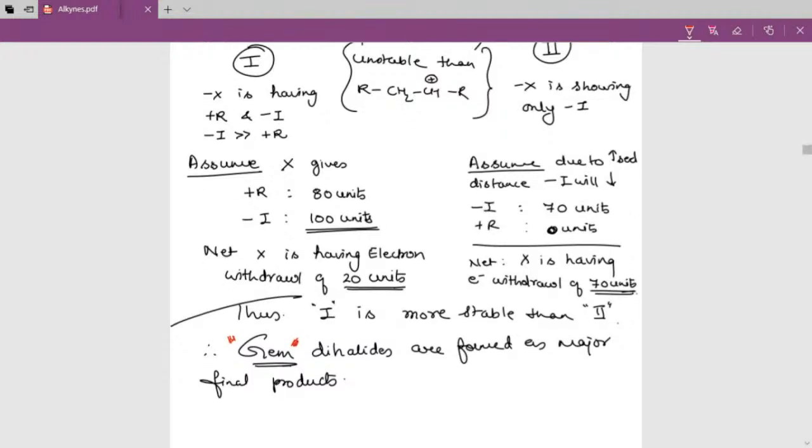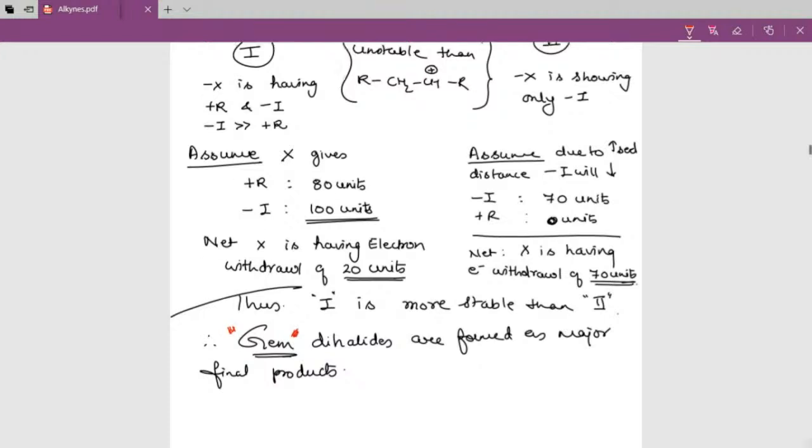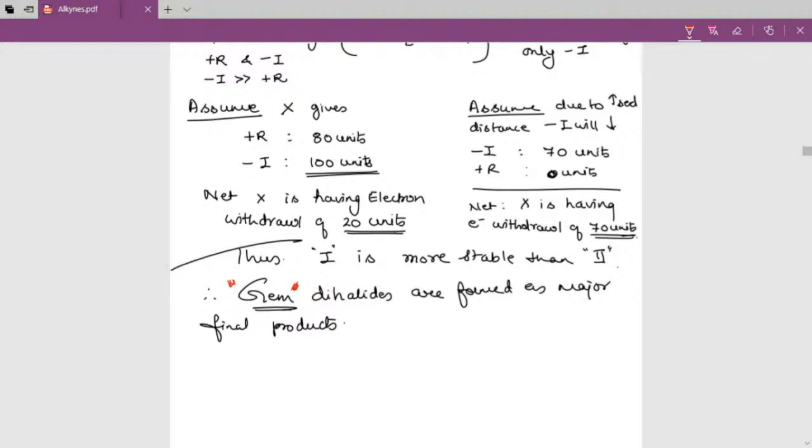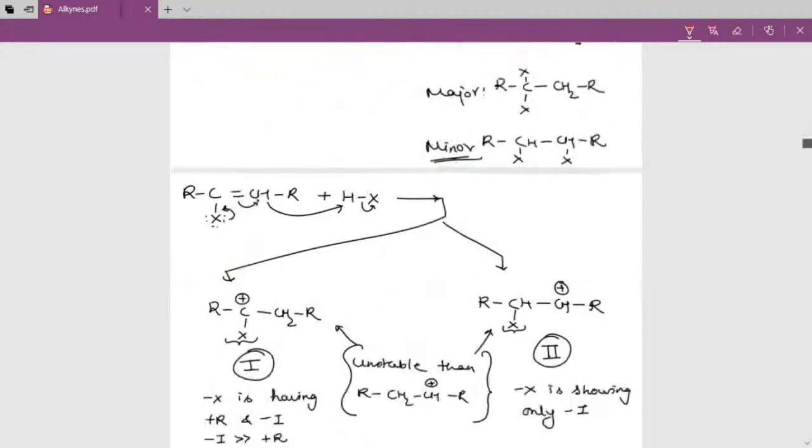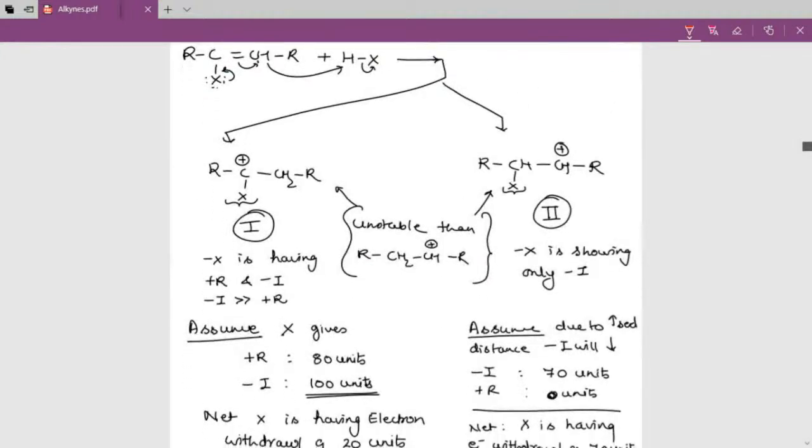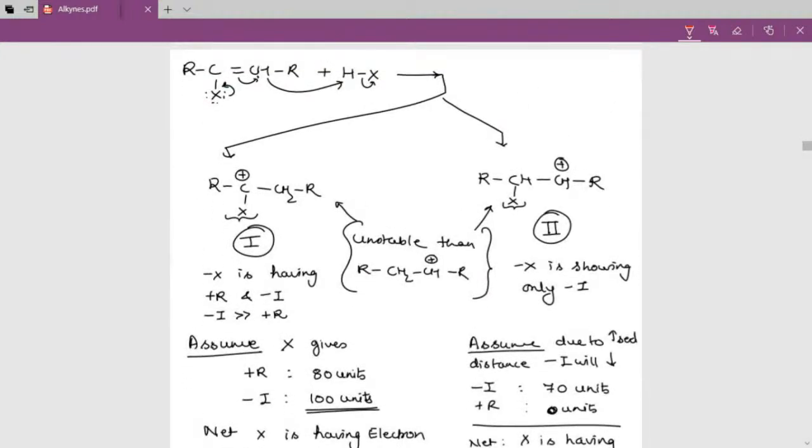It will help you in future also, if you are going to appear in exam next year. So gem dihalides are formed here as a major final product because this carbocation is relatively less unstable. Both are unstable, but less unstable as compared to this carbocation. Is that okay?